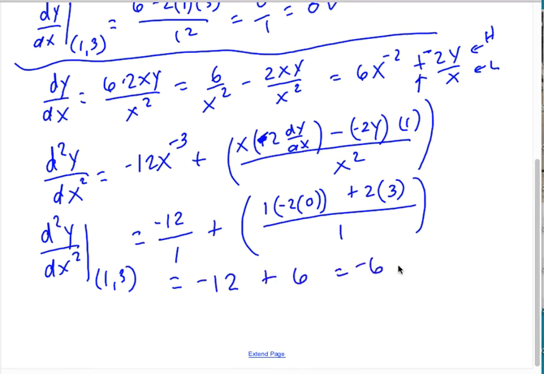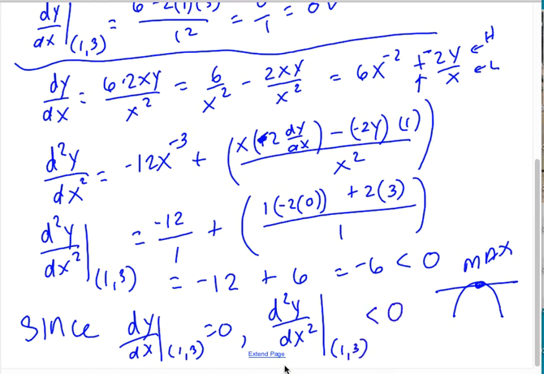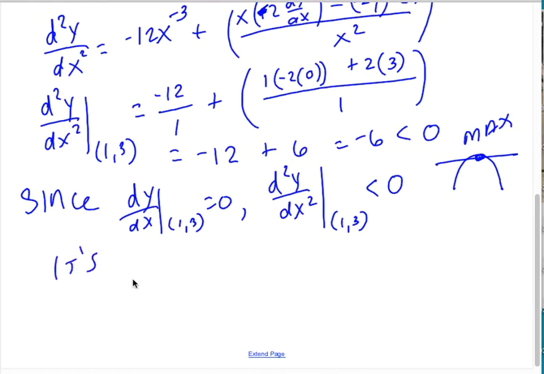So I get negative 6, which is less than 0. Remember, if my graph is concave down and flat, that's a max. So since dy/dx evaluated at (1, 3) was 0, and d squared y/dx squared evaluated at (1, 3) was less than 0, it's a max.